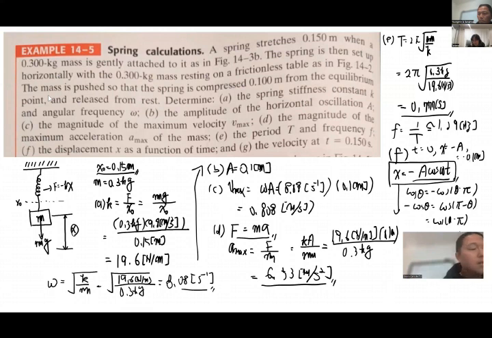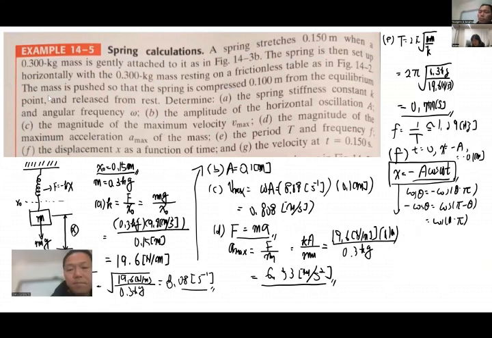If you apply this relationship, then x should be minus 0.1 meter cosine 8.08 t.